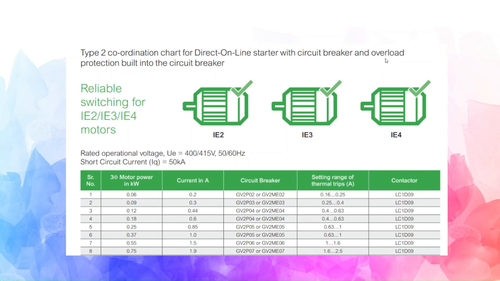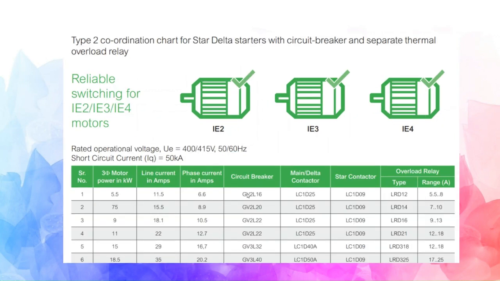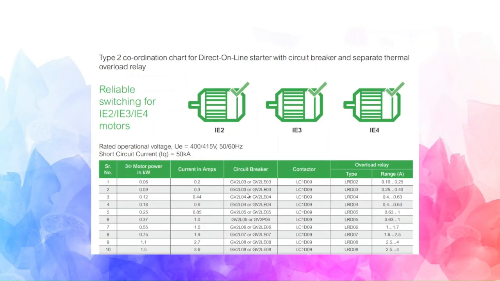Now this is for a breaker with overload relay protection inbuilt, and this is again a type 2 coordination chart for a breaker and separate thermal overload relay. Just let me take this laser pointer.